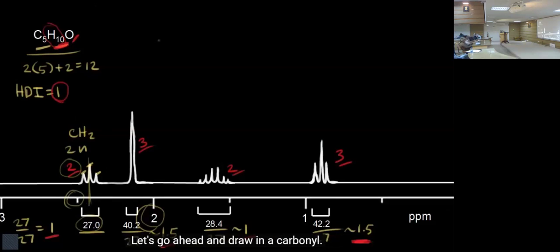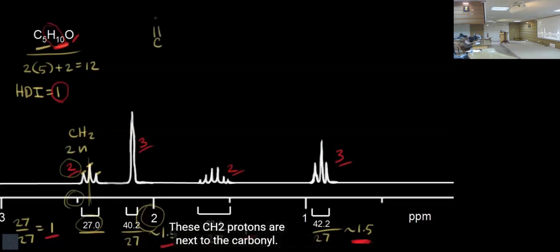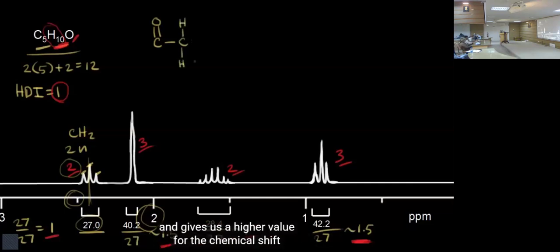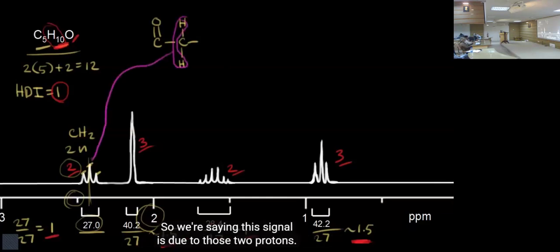So let's draw in a carbonyl, and these CH2 protons are next to the carbonyl. We know that because of the shift. The oxygen of the carbonyl de-shields these 2 protons a little bit and gives us a higher chemical shift compared to something in an alkane type region. Let's color these protons magenta. So we're saying this signal is due to those 2 protons.